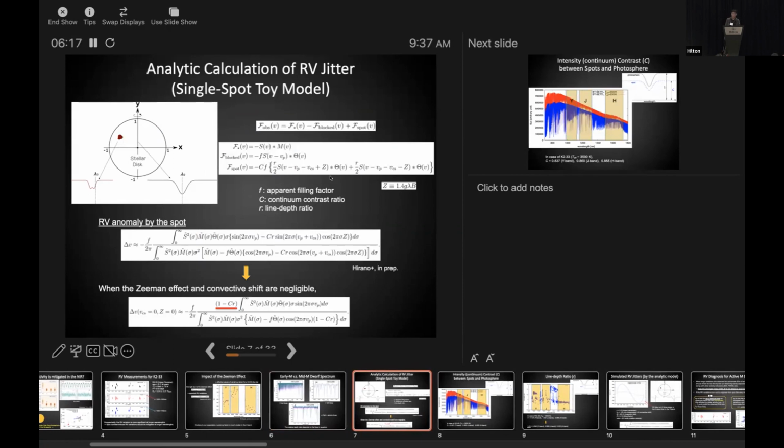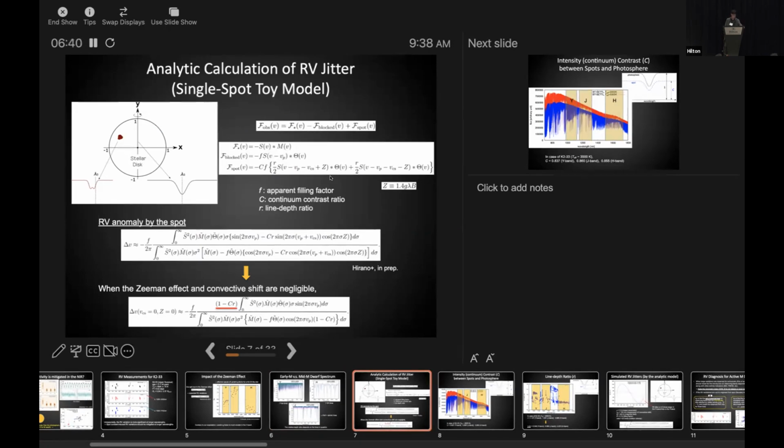I know that there are several works trying to simulate the RV jitter with numerical simulations. But with numerical simulations, we sometimes lose important information, such as what the most important factor is, or what the key parameters are to describe the RV jitter. So we stick to the analytic calculation.